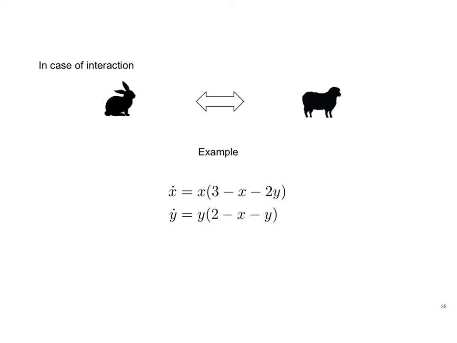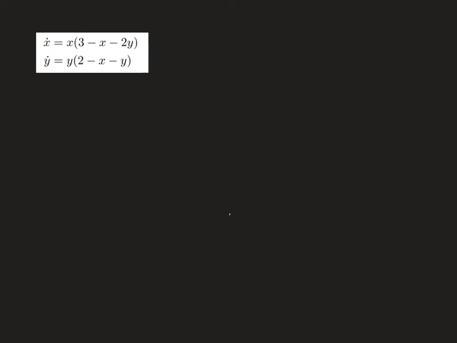Just note that this equation is reorganized, so the x was here and now the y goes here. Okay, so now the question: what do we do now? What is the step we have to find out? The first thing we have to do is find the fixed points. How will we find the fixed points?